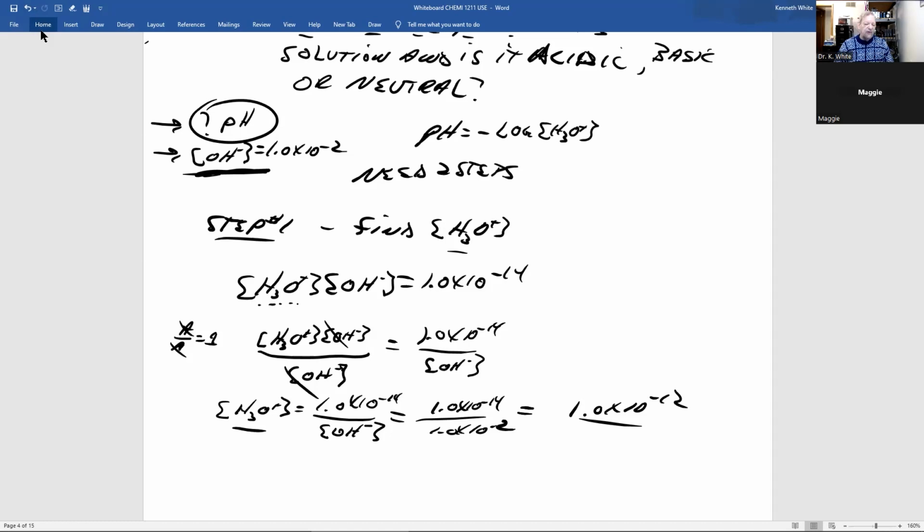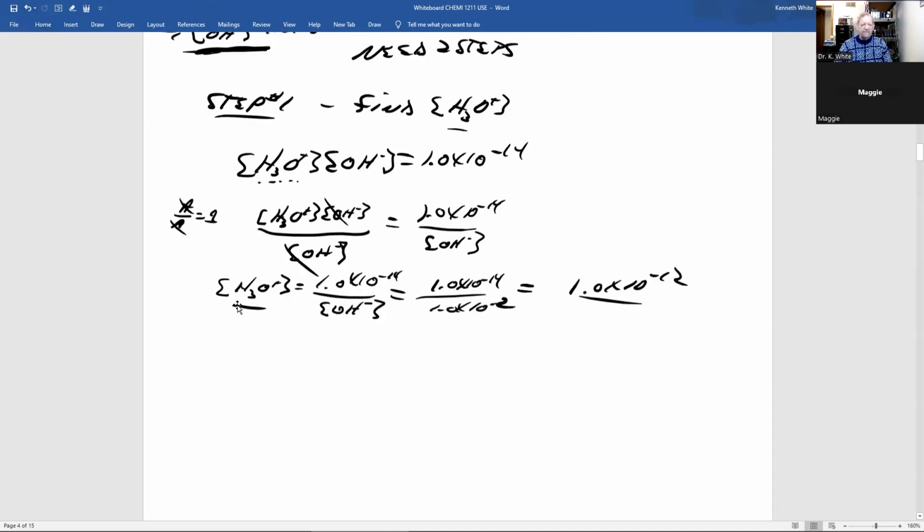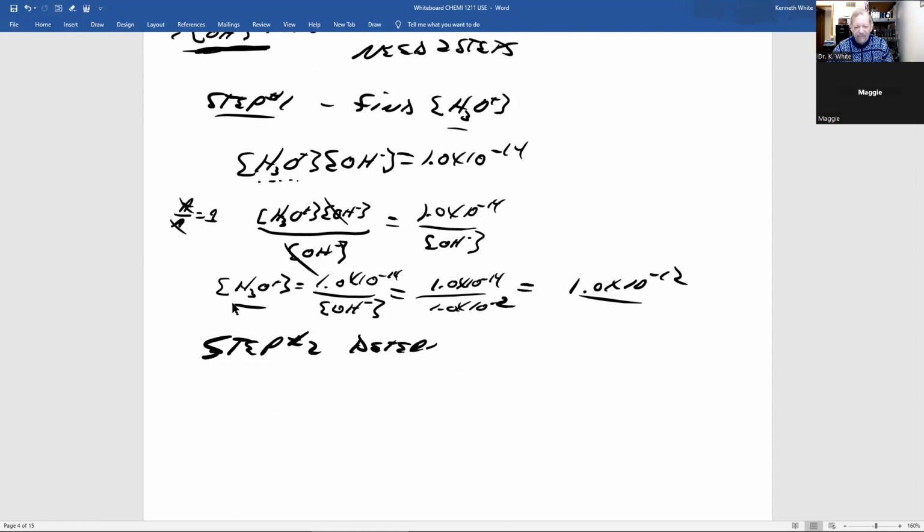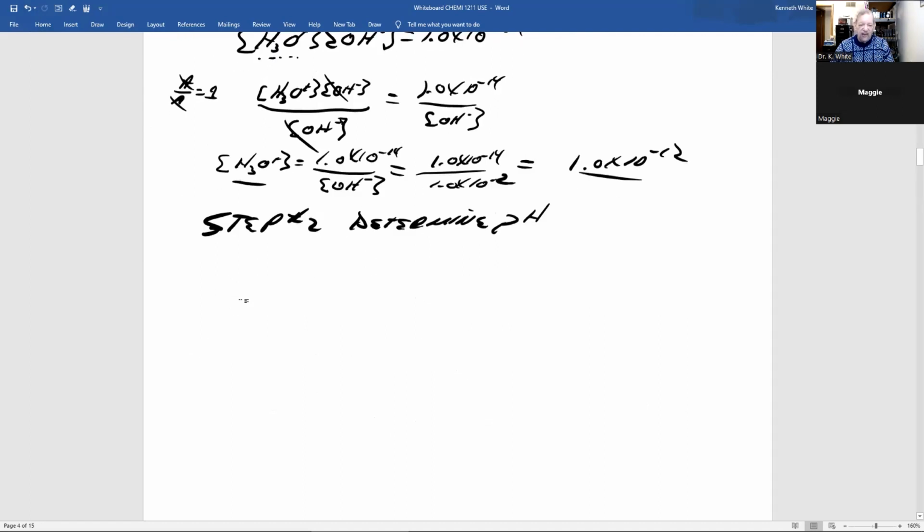We're now given the hydronium ion concentration, and now you have to do step number 2. Calculate the pH. From important information, test number 4, pH equals minus the log of the hydronium ion concentration.